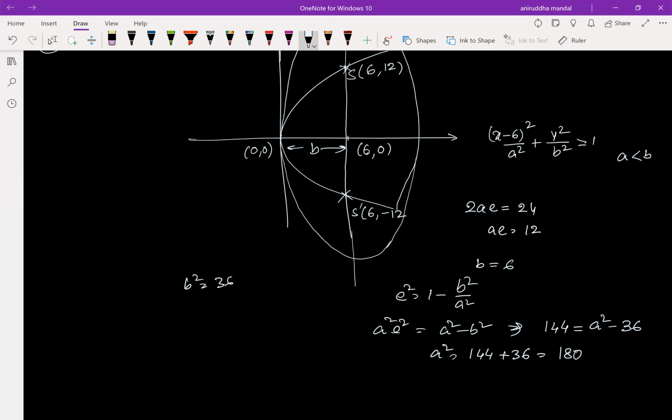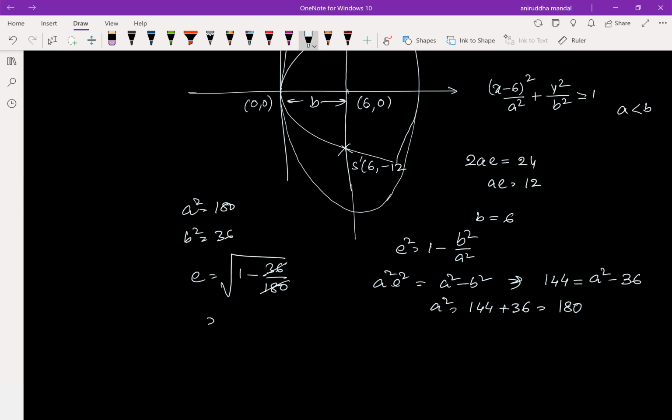So E is under root 1 minus B square by A square, which is 36 by 180. So 1 by 5, so 1 minus 1 by 5 is 4 by 5, which means 2 by root 5.